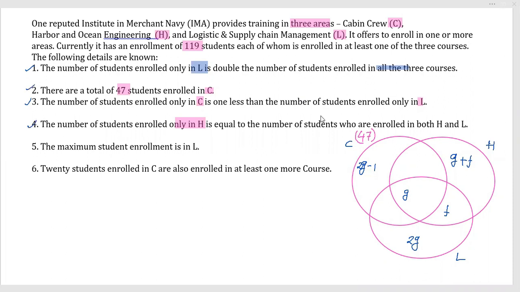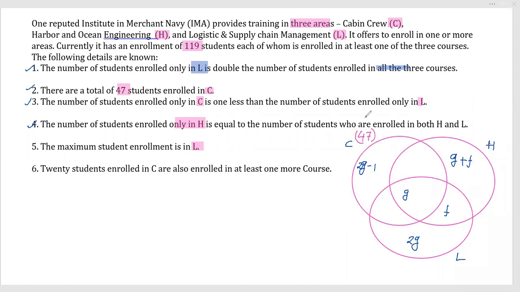Now the fifth one, the maximum student enrolled in L. L is maximum, that means this part maximum. 20 students enrolled in C are also enrolled in at least one more course. At least one more course means these three taken.